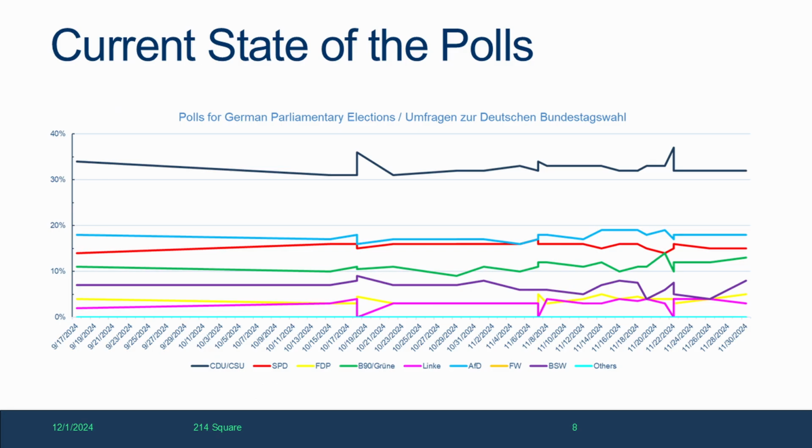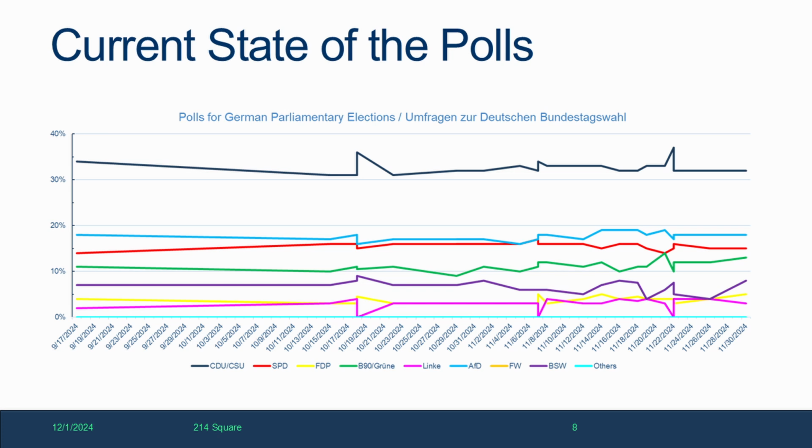Now let's have a first look at the current state of the polls, and here you can see that the CDU is far ahead, or CDU-CSU is far ahead. I will often say CDU, but also mean the CSU. They are far ahead, and then you can also see that the blue line, this is the AfD, they are also ahead of the current Chancellor Party SPD.